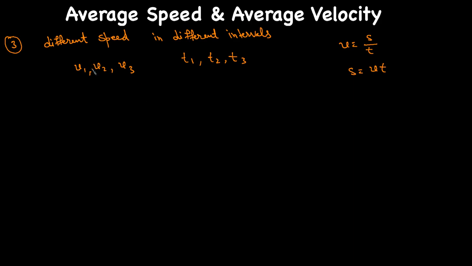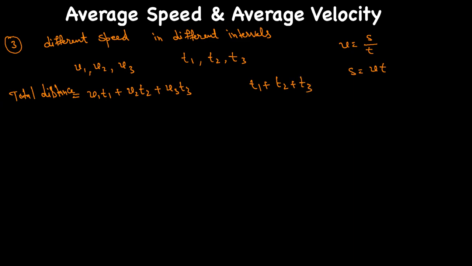So the total distance is v1 t1 plus v2 t2 plus v3 t3, and the total time is t1 plus t2 plus t3.